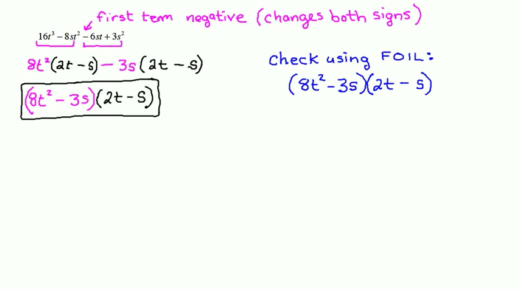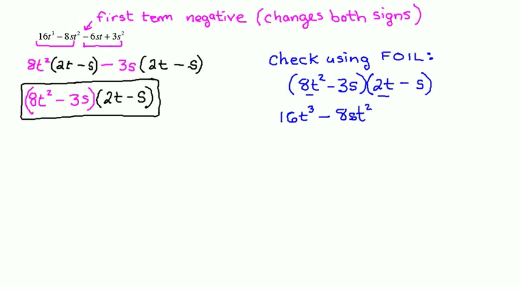So to check this using FOIL, my first term is going to be 16t cubed, coming from 8t squared times 2t. My outer term is going to come from 8t squared times minus s, so it's going to be minus 8t squared s, which we would of course write in alphabetic order as 8s t squared.